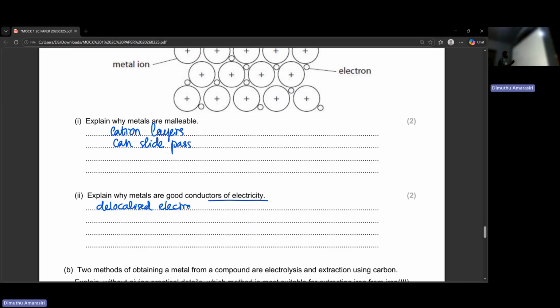Delocalized electrons can move across the structure, the lattice of the metal. Delocalized electrons is a word that must definitely be there.